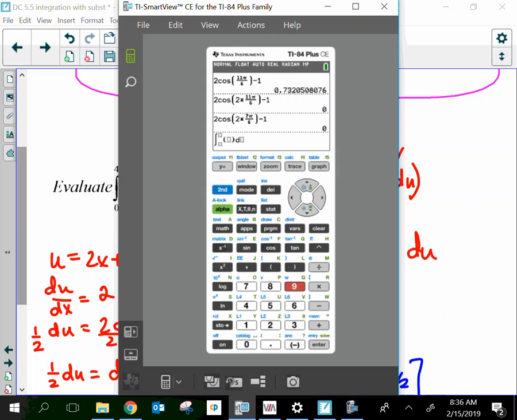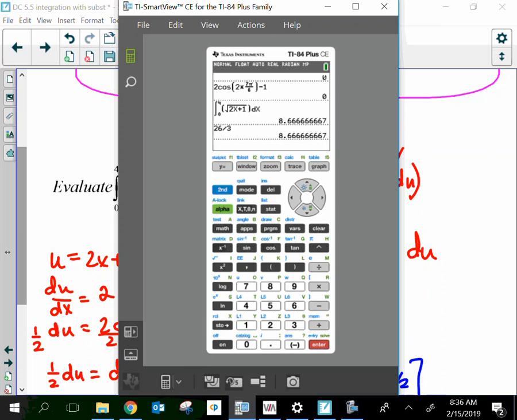So the math from 0 to 4 of radical 2x plus 1, close your radical in terms of x. 26/3 is that decimal. Okay?